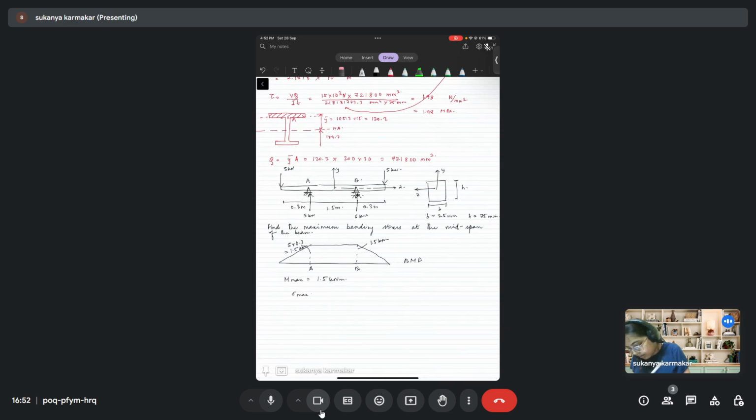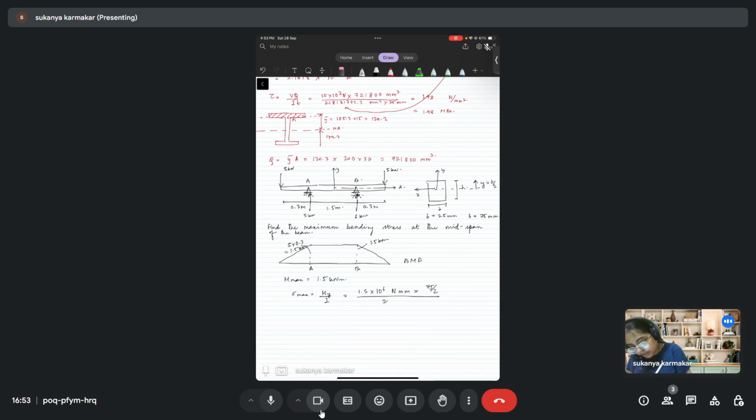Now maximum bending stress is M into Y by I. So maximum bending moment is 1.5 into 10 to the power 6 Newton mm. This is how I'm substituting. Y will be, if this is the neutral axis, Y is equal to h by 2, which is 75 by 2, and moment of inertia will be bh cubed by 12.